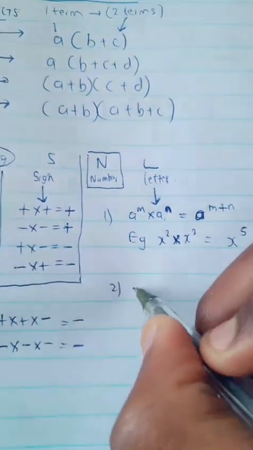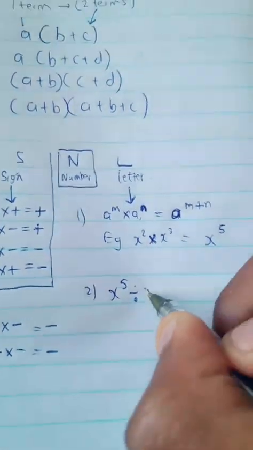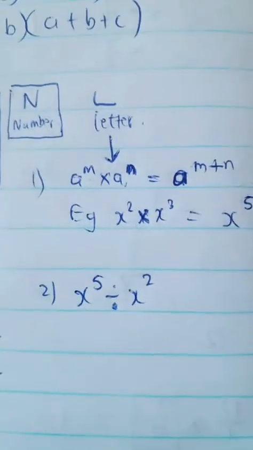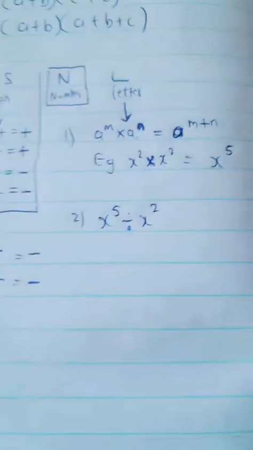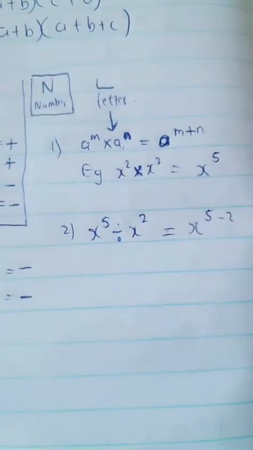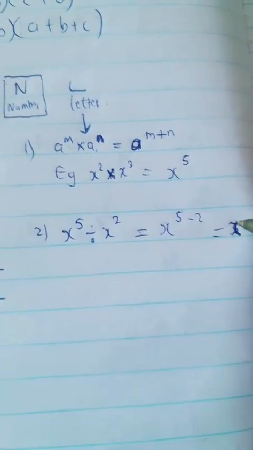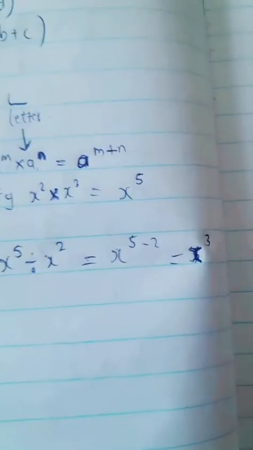Law number 2 says when we divide same bases, we keep the base and we subtract the exponents. So that would give us an answer of x to the power 3.